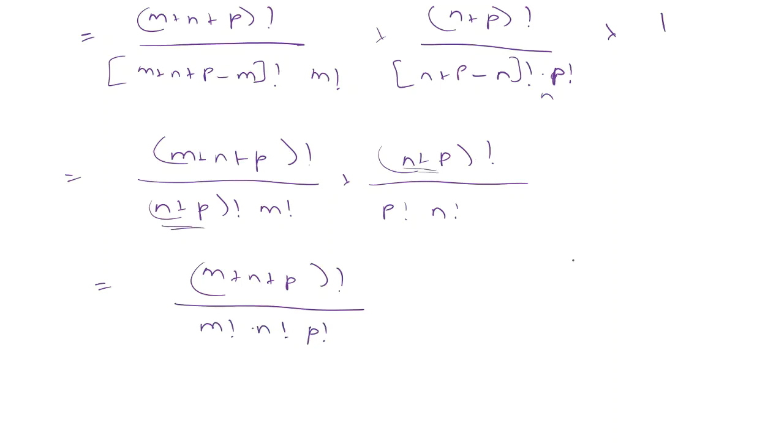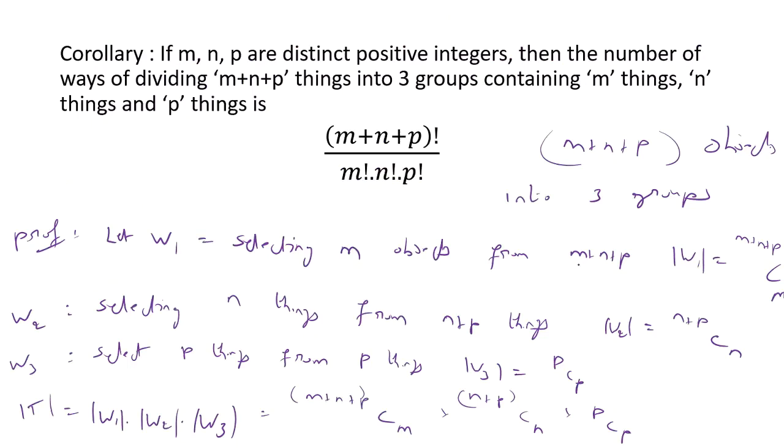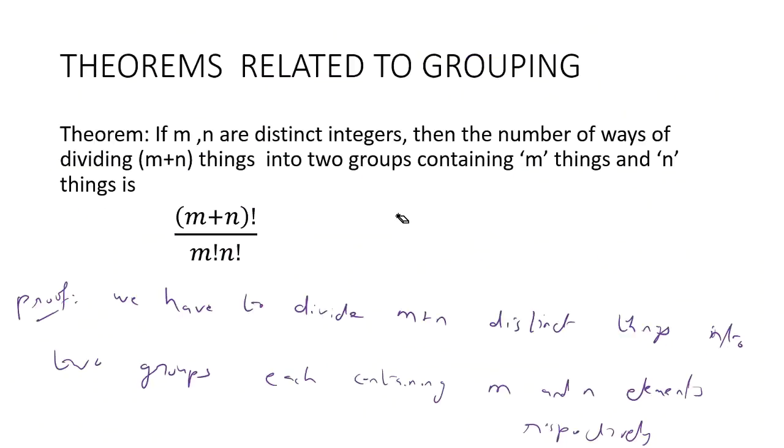So the number of ways of dividing m plus n plus p distinct objects into 3 groups containing m elements, n elements and p elements is going to be m plus n plus p factorial upon m factorial times n factorial times p factorial. In the previous theorem, we have m plus n distinct objects.